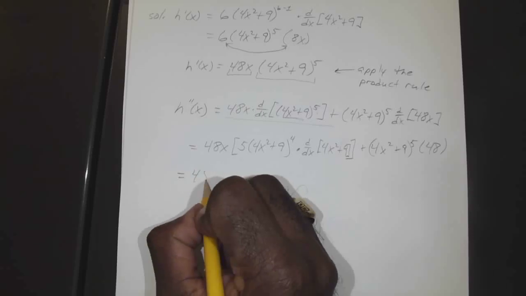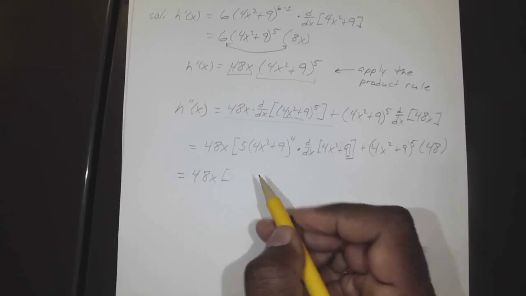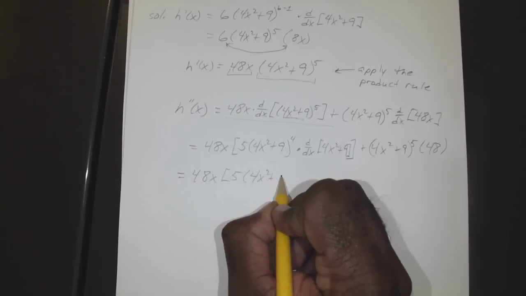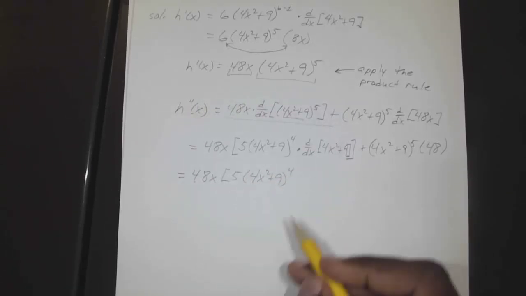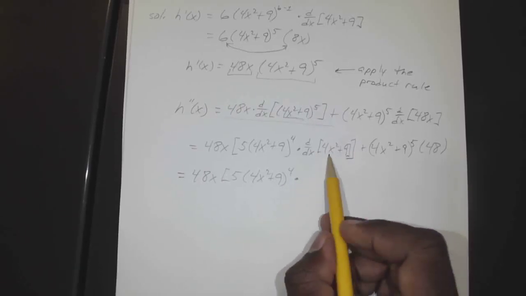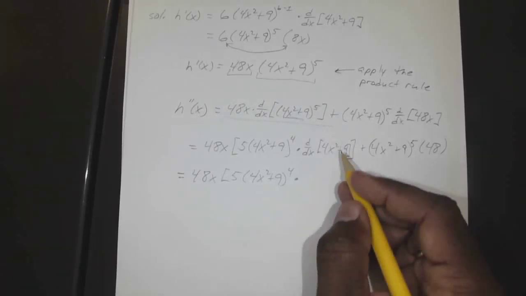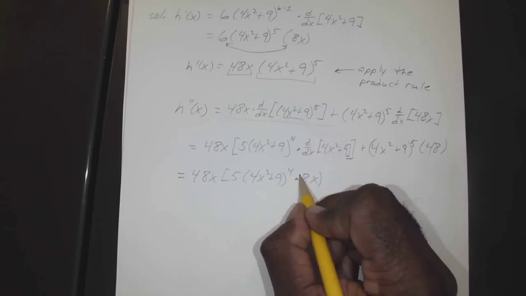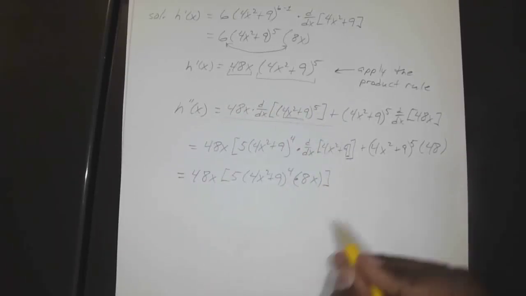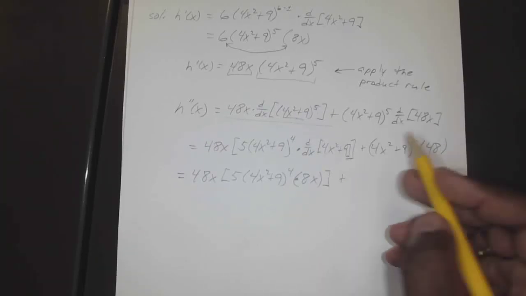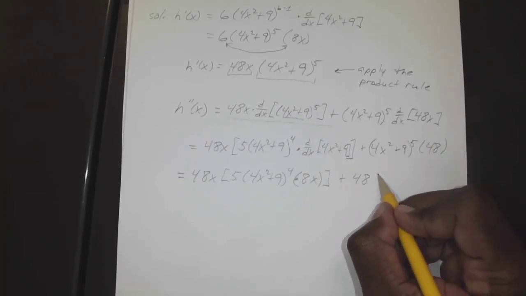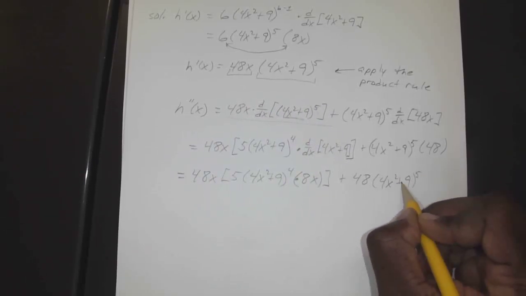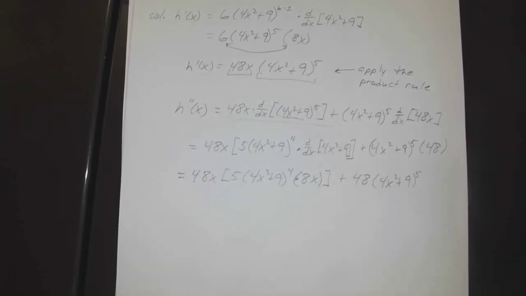Equals, so we have our 48x times 5 times 4x squared plus 9 to the 4th times derivative of 4x squared plus 9 is just 8x plus 48 times 4x squared plus 9 to the 5th. I just switched those around just because.